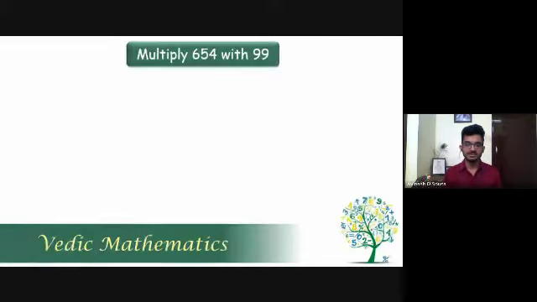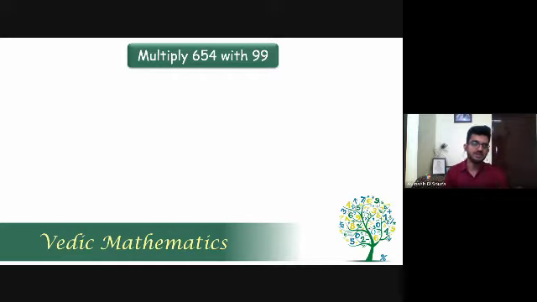First, you consider the second number, which we call the multiplier, and identify the nearest base to the multiplier. You have 99, and the nearest base to 99 is 100. How can we write 99 in terms of 100? We can write it as 100 minus 1.